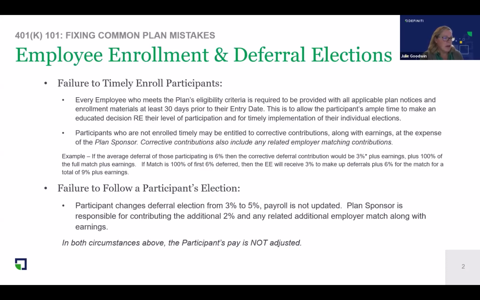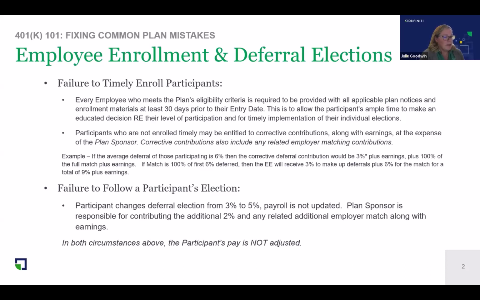When I say that it can come at the expense of the plan sponsor, the example being, if you don't enroll a participant, say everybody else has enrolled in the plan and for some reason you forgot that Mary was eligible and you never gave her the paperwork. If everybody else is eligible and contributing to the plan at 6%, Mary is going to be entitled to a 3% contribution plus 100% of whatever the match is, as an example.